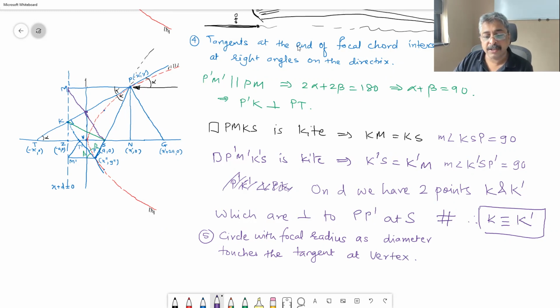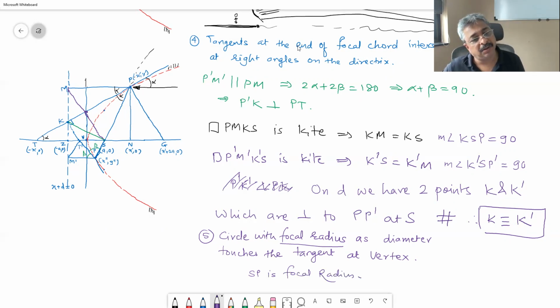Now, what is focal radius? Focal radius is SP. SP' is also a focal radius. What we are supposed to show is that the circle with SP as a diameter will be tangent to this line, the y-axis. Tangent at vertex means y-axis. Okay, try to prove it.